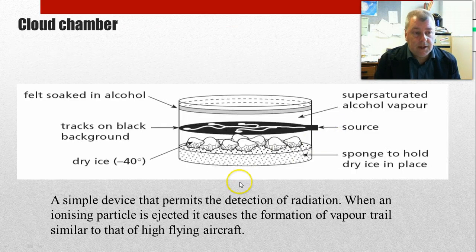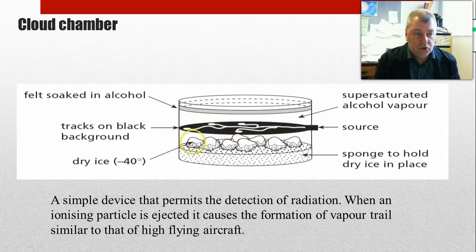The cloud chamber is quite a fiddly piece of equipment to get to work, but there are some videos I think on the OneNote that show some bigger ones at some science museums that work quite well. Basically you have dry ice down here, so it's very cold.